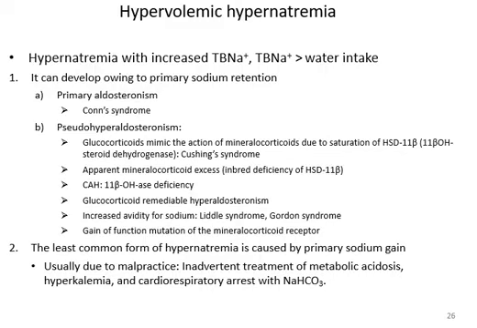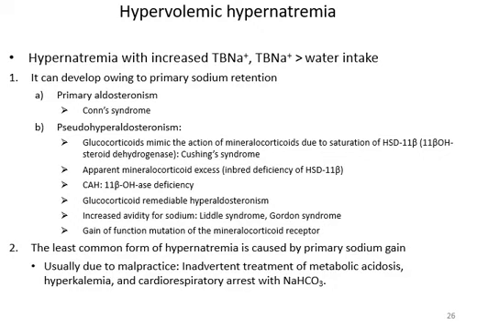The first group is related to primary sodium retention, which can be caused by primary aldosteronism, like Conn syndrome, or pseudohyperaldosteronism, when actually aldosterone level is normal, but either the action of aldosterone is aggravated, or some other substances will mimic the action of aldosterone.